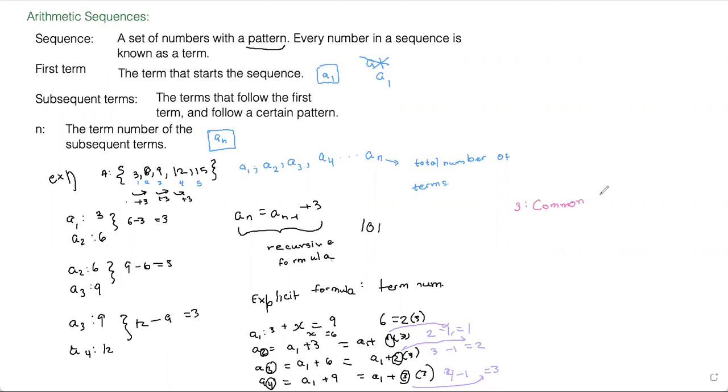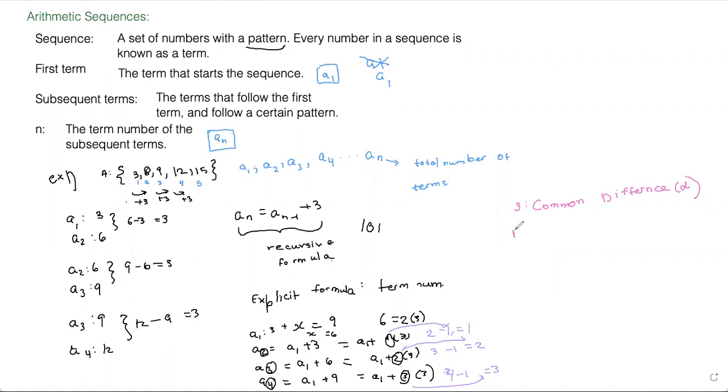Common difference. And usually this common difference is denoted or assigned the variable D. Then we know that we have a term number, right?